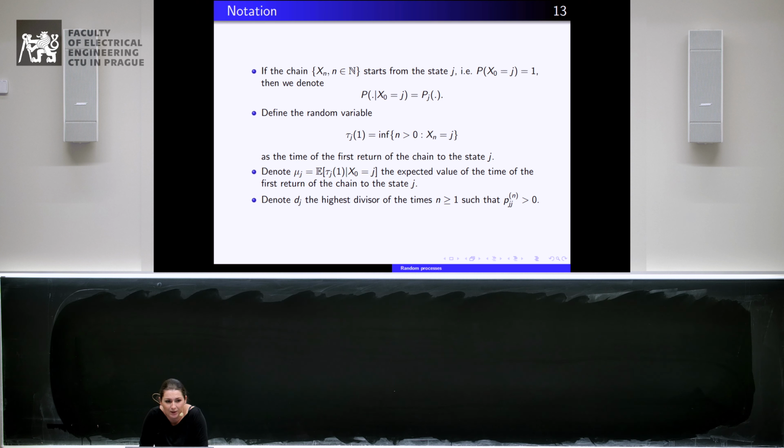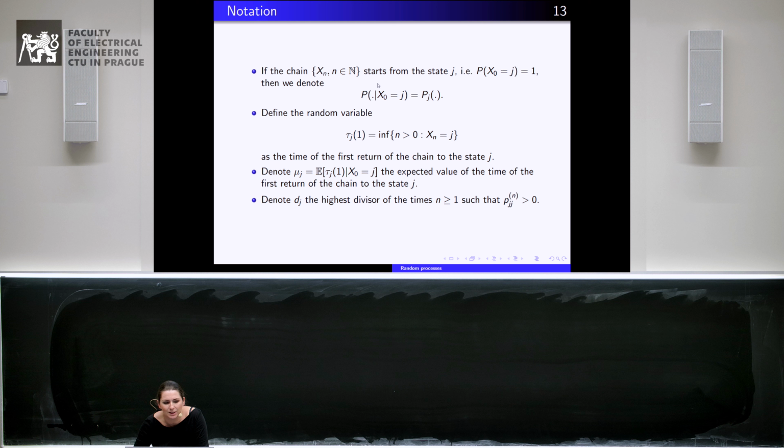The classification of the states is based on the assumption that our process starts from the state j.